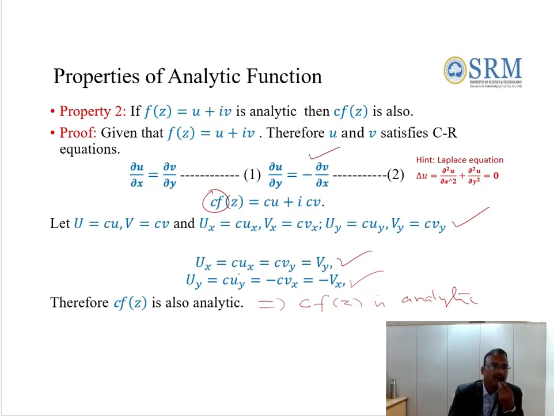Not only that, since ux, uy, vy, vx are all continuous, capital Ux, Uy, Vx, Vy are all continuous. Hence it satisfies both the necessary and sufficient conditions. Therefore c into f of z is also analytic.